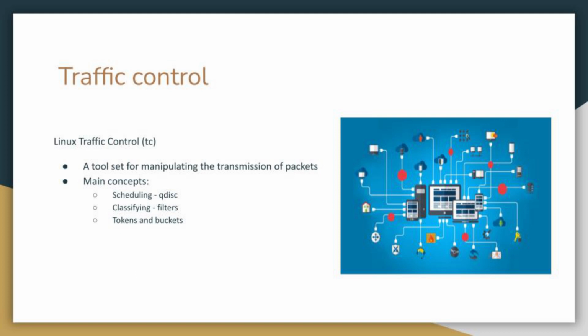There are 3 key concepts of TC that we're going to explain in the next few slides. Those are the tools that we use to manipulate the network condition to our desire. There is scheduling, which is achieved by QDisc, classifying, which is done by filters, and tokens and buckets.